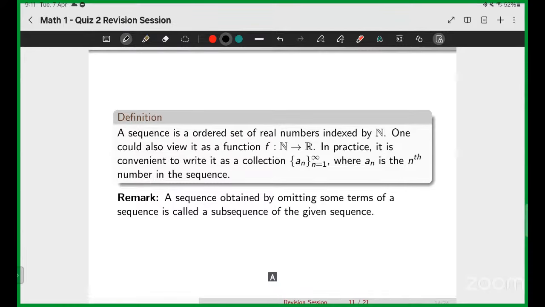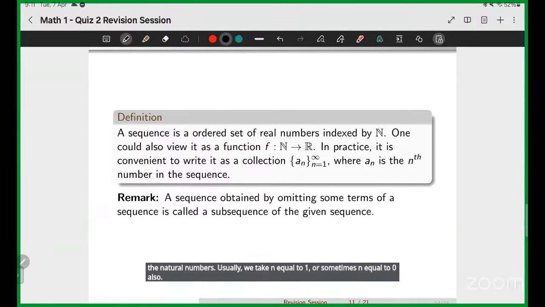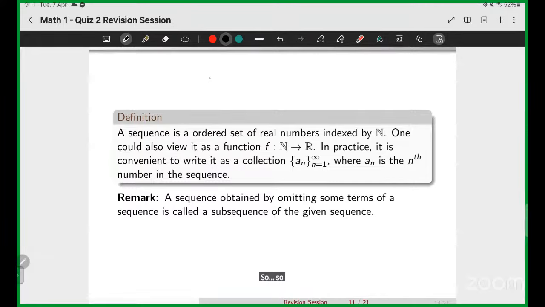A sequence is just an ordered set of numbers, ordered using the natural numbers. Usually we take n equal to 1 or sometimes n equal to 0 also. So it's just a set of real numbers, one corresponding to each natural number.